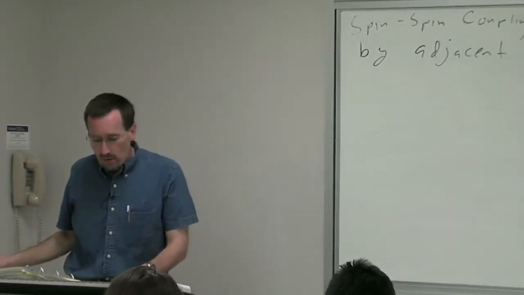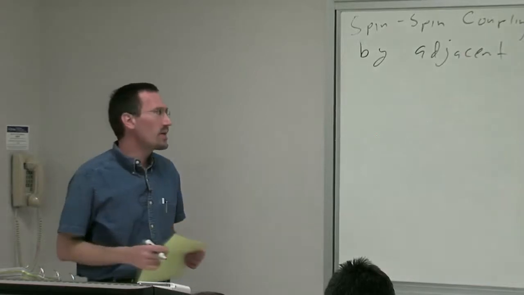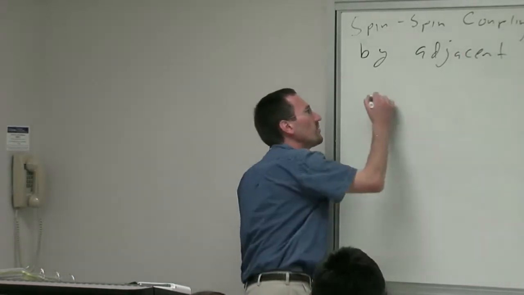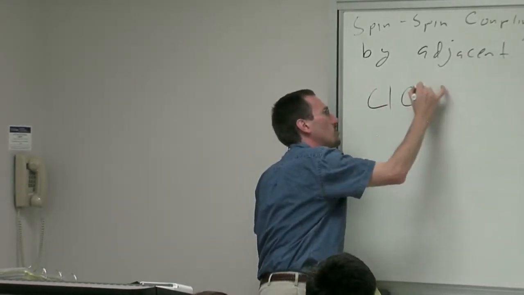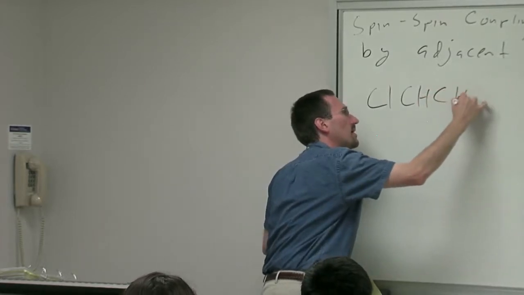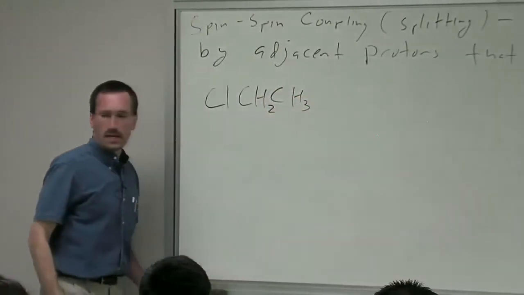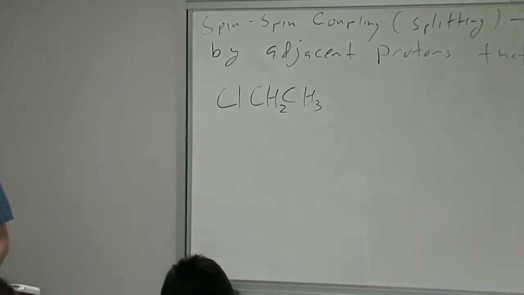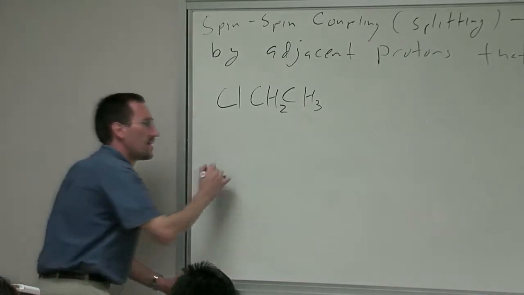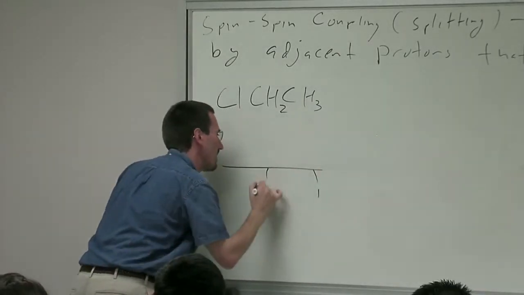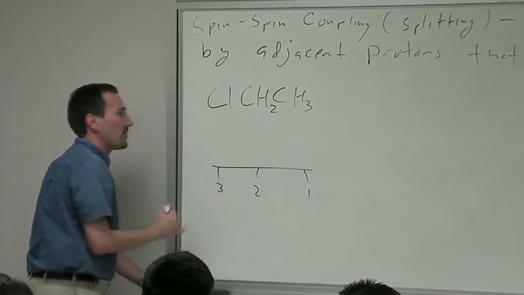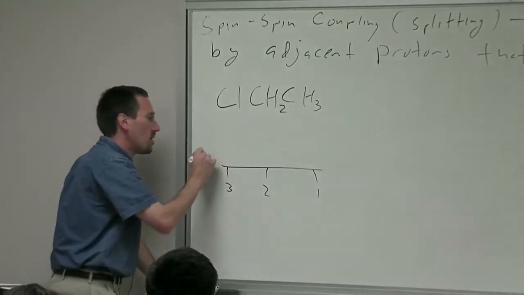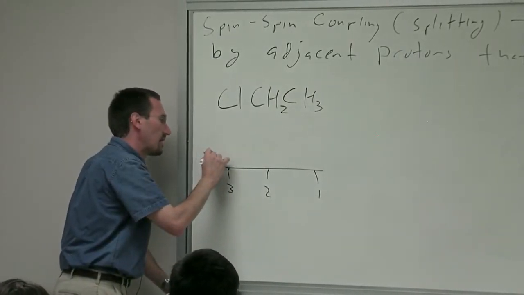So let's start with an example that's very, very intuitive. Very, very freshman, sophomore chemistry: let's take the H1 NMR spectrum of chloroethane. My little pigeon sketch of the spectrum of chloroethane would look something like this.